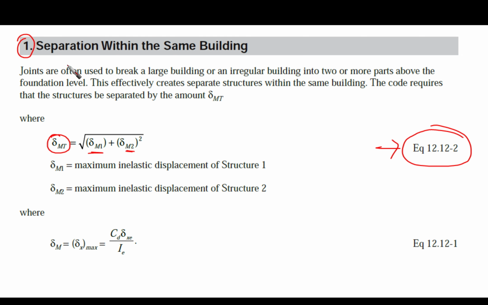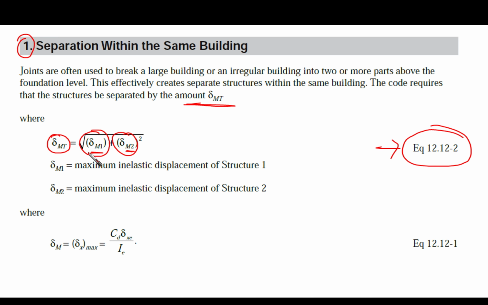Joints are often used to break larger buildings or an irregular building into two or more parts above the foundation level. This effectively creates separate structures within the same building. The code requires that the structures be separated by an amount delta MT. So we want to know what delta M1 and delta M2 we are going to use.